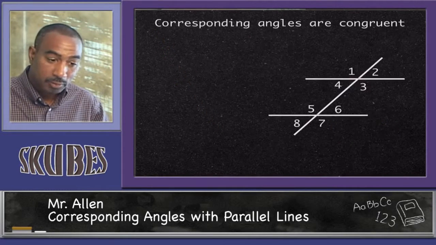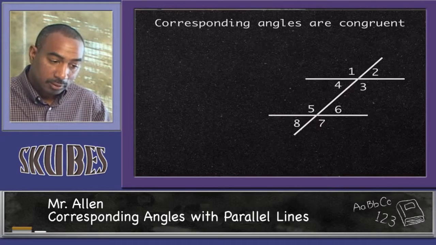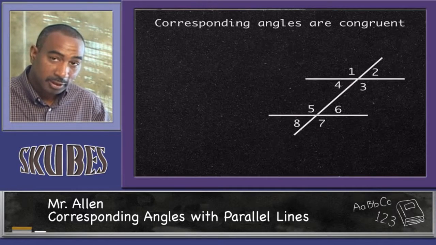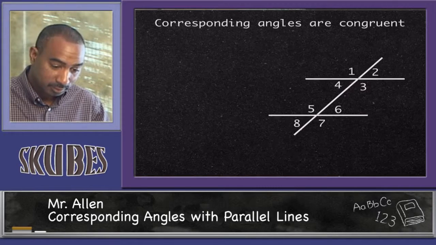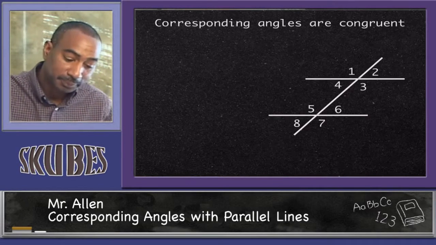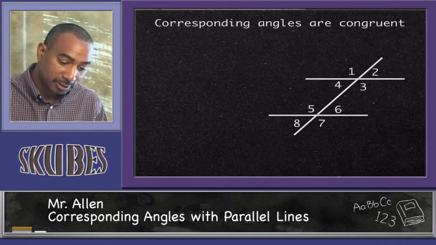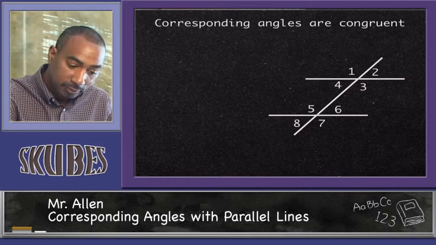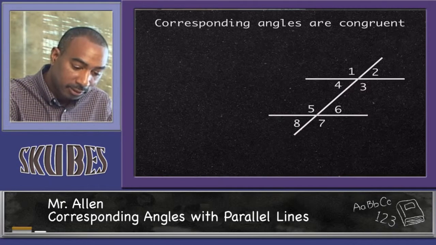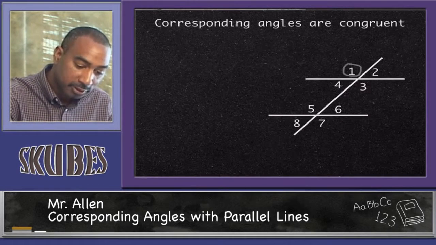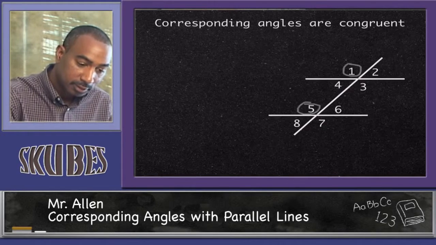The rule for corresponding angles is that corresponding angles are congruent. And we have several corresponding angles here. If I look at this diagram, I have angle 1 corresponds with angle 5.